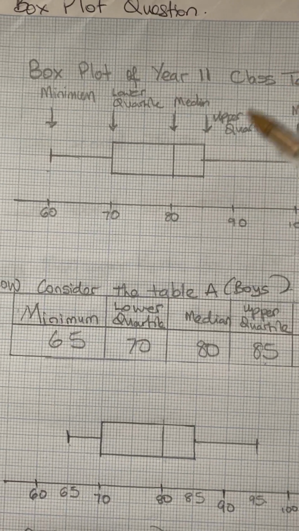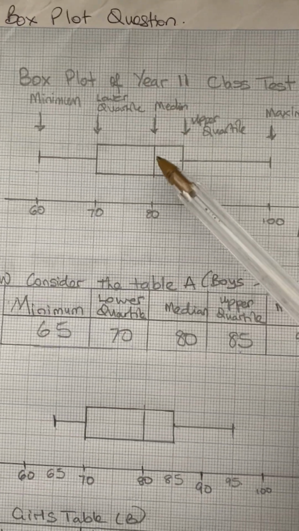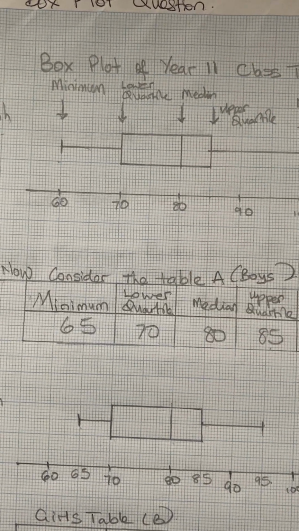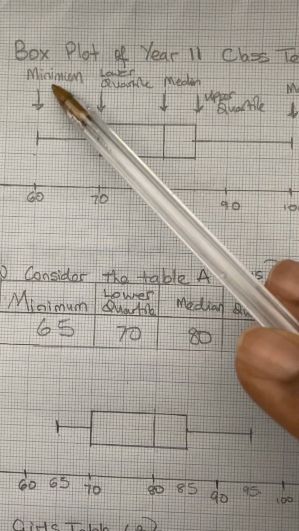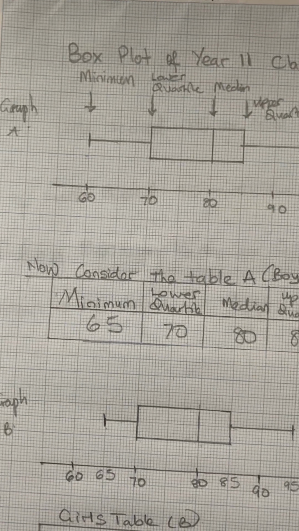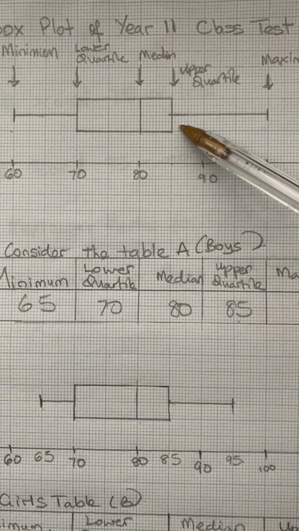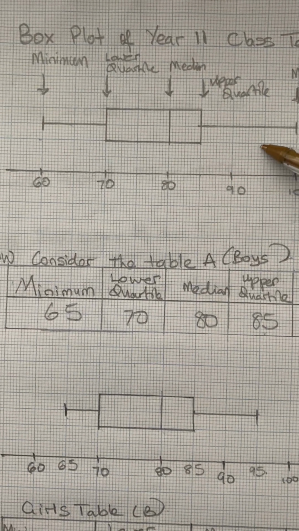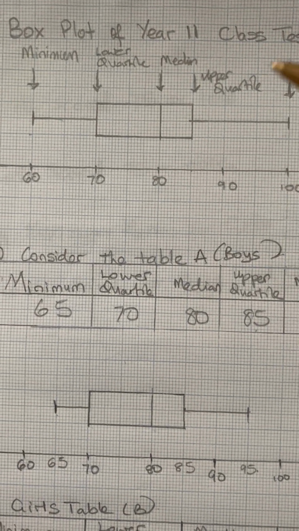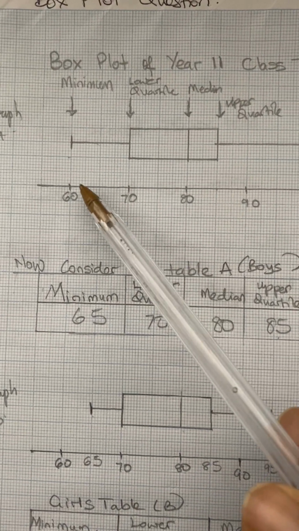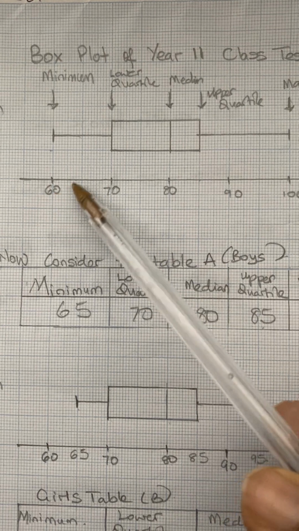Okay, so in a class, the question came with this box plot. So even if you've not done box plot, they have given you this as an example. Okay, so as long as you understand this with what I just said earlier, then you should be able to answer the question. Okay, so 60 is the minimum.